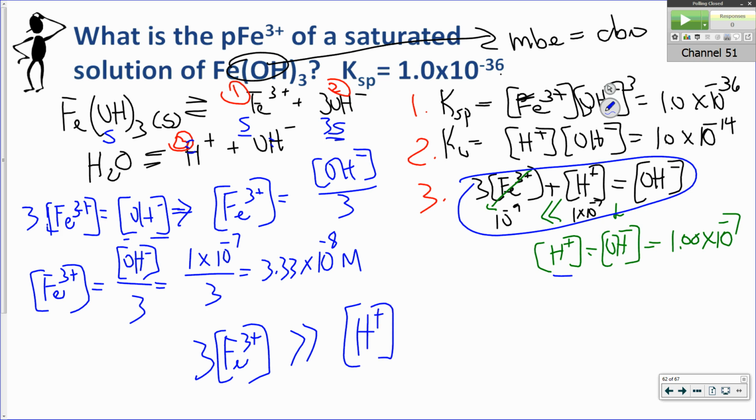All right, so it's at 3.33 times 10 to the minus 8. So 3 times 3.33 times 10 to the minus 8. All right, and this guy is 1 times 10 to the minus 7th. And I find out it's not going to be true, because multiply that out, you're back at 1 times 10 to the minus 7th.